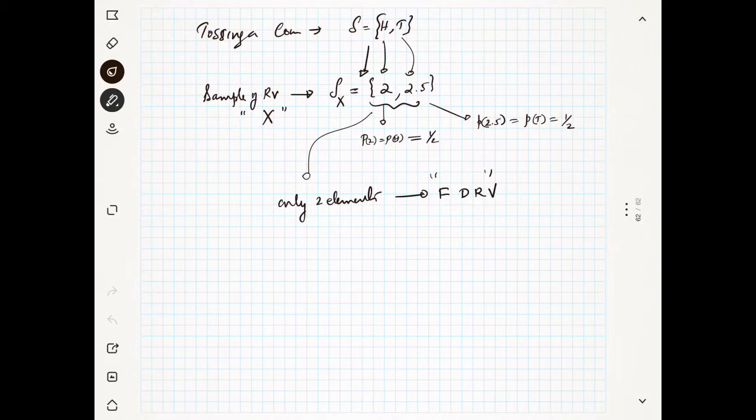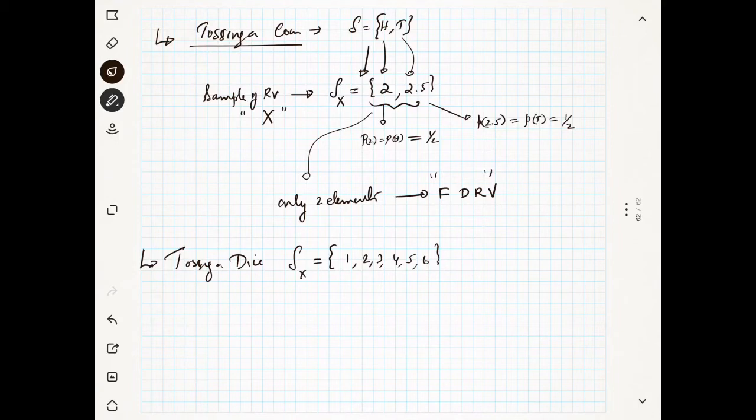Similarly, tossing a dice is another example. The outcomes are directly the random variable. The outcomes are 1, 2, 3, 4, 5, 6, and each one has a probability of 1 over 6.